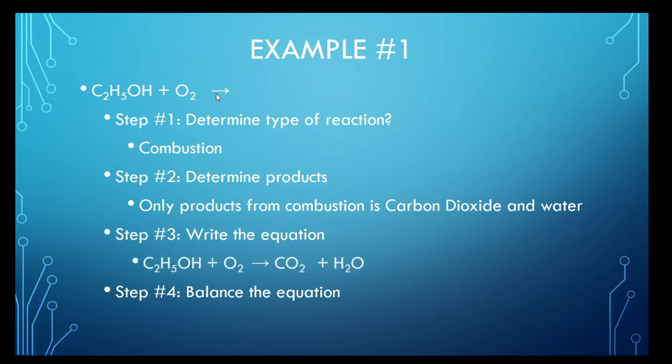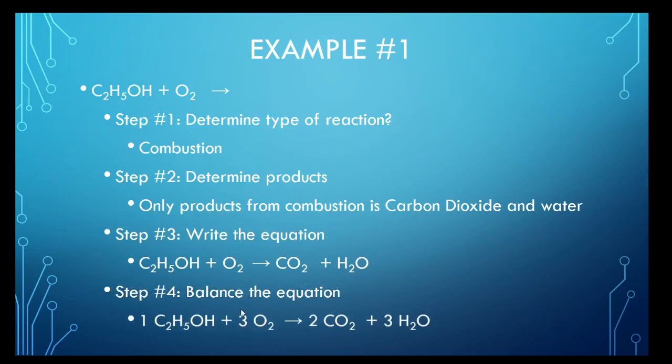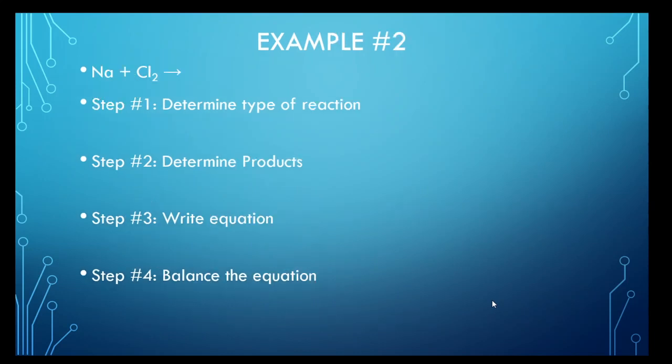Okay, so then we'll write the entire equation here. You can see carbon dioxide and water here. Then you go ahead and balance it. You would need 3 oxygens. And I did put a 1 here just to hold its place. It would be 1, 3, 2, 3 for a balanced equation. Okay, all right, so let's look at another one.